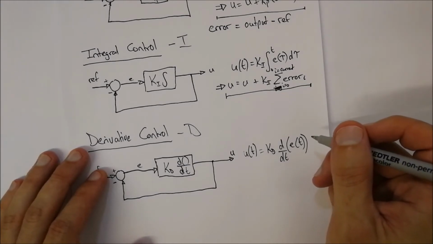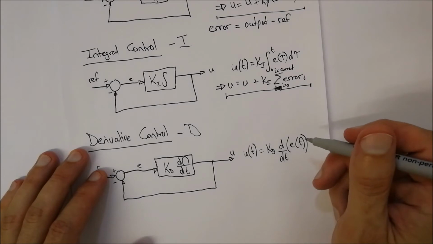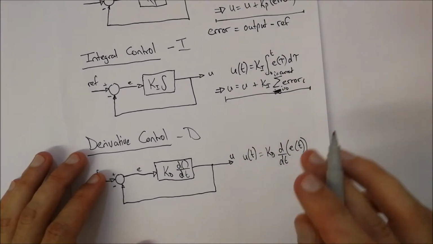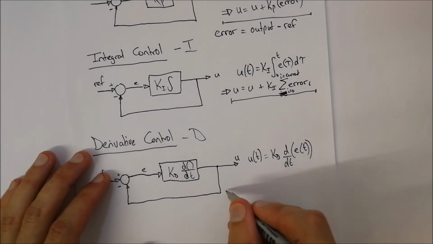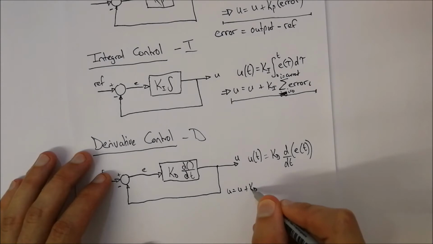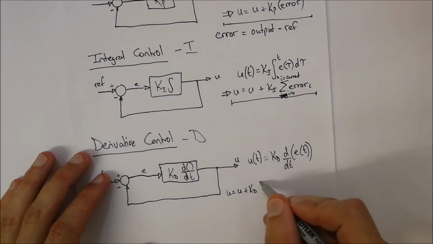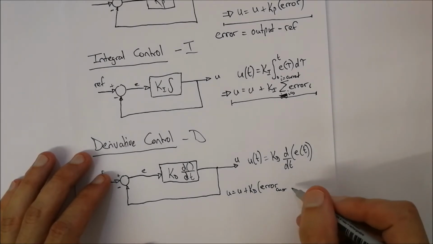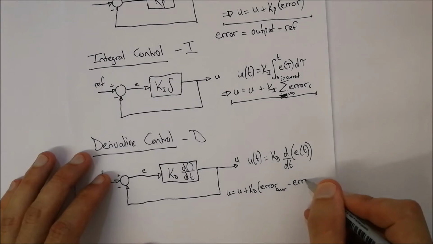So essentially if you had to put that into a final equation, as we've done before, you can say u is equal to u plus Kd multiplied by our current error minus our previous error.